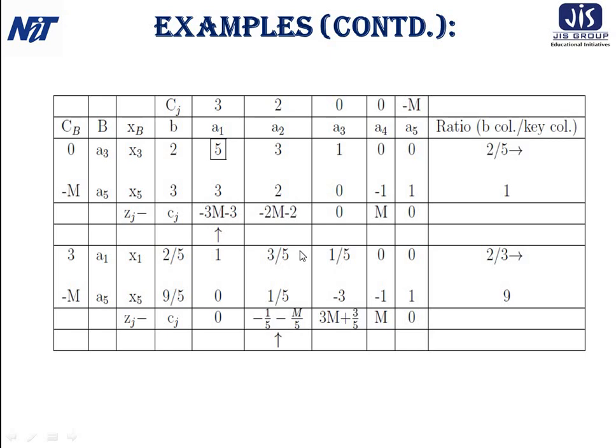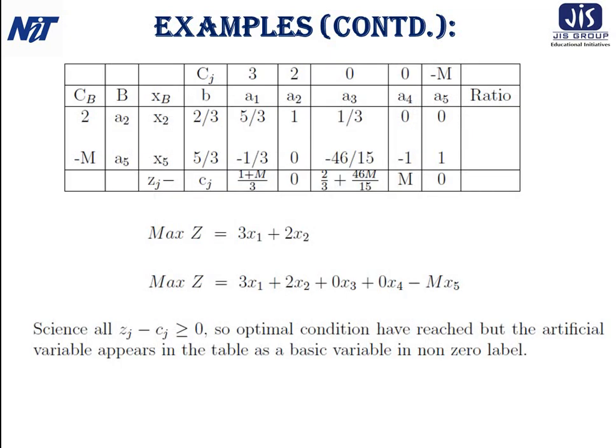That means we have to multiply R1 by 1 by 5 and subtract it from R2. So the operation should be R2 minus 1 by 5 into R1. After doing this, we are getting the elements 5 by 3 minus 1 by 3, 0, minus 46 by 15, minus 1, 1.